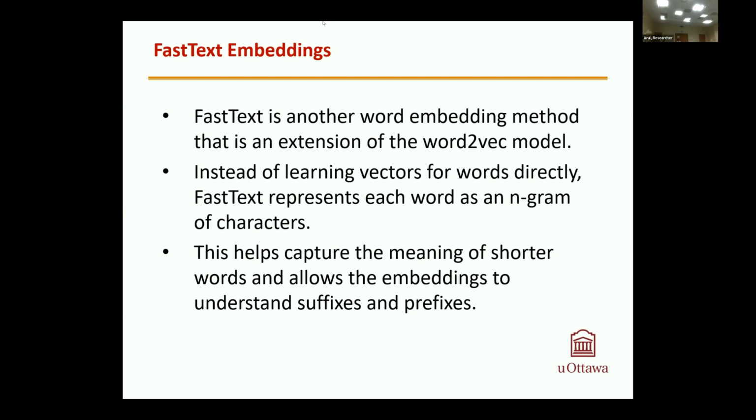Maybe it's a different domain, maybe it's a name. So what fastText does is allow subwords, maybe roots or just character n-grams. And if it doesn't know the embedding of a word but knows the embedding of the parts of the word, it will aggregate one embedding for that. And you see improvement in performance if you use fastText. So we'll use these three, word2vec, GloVe, and fastText, in our experiments.